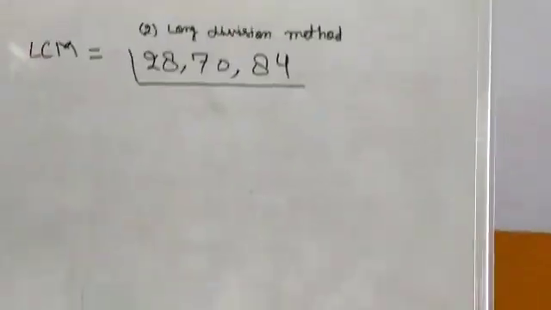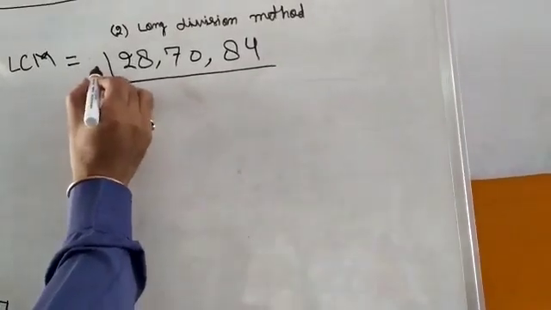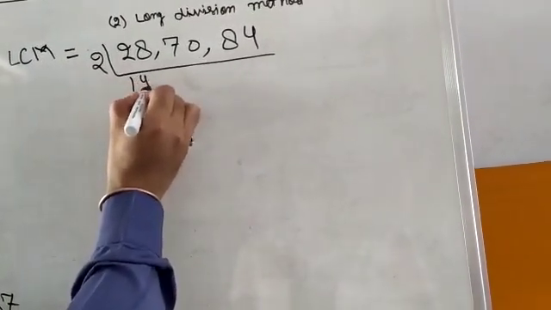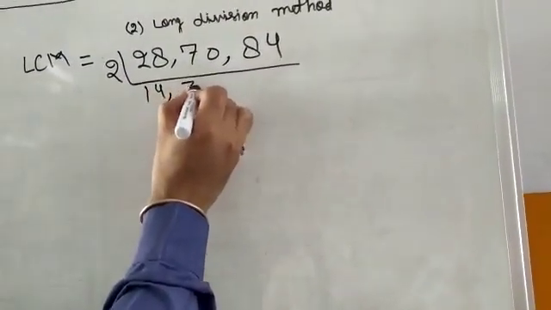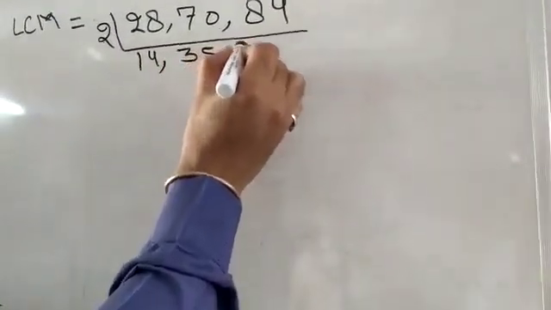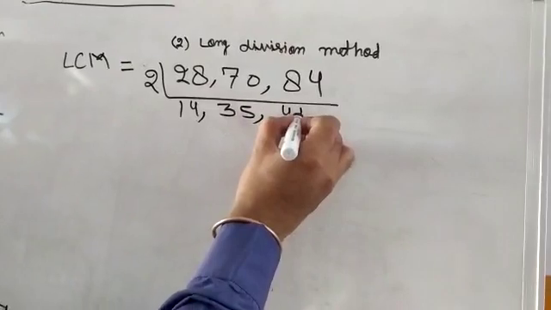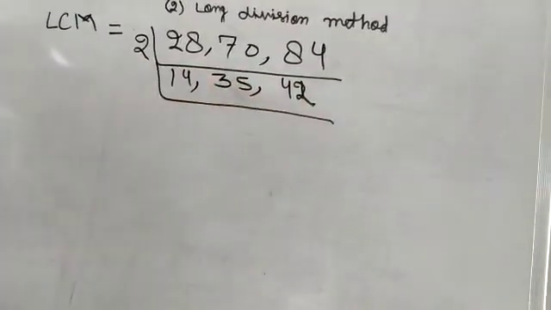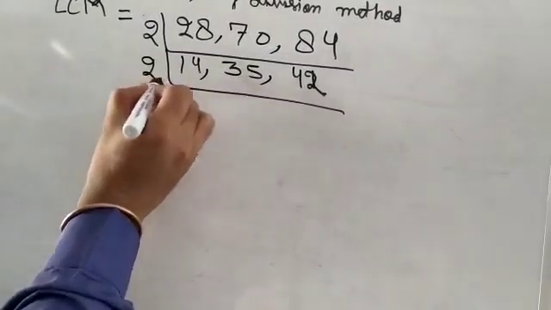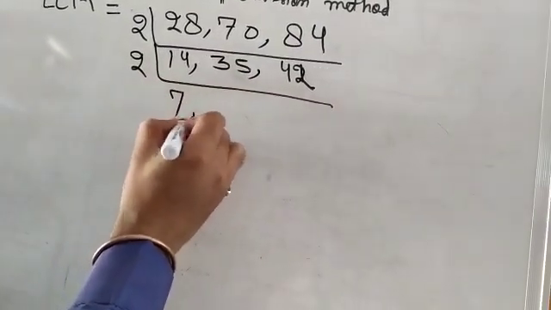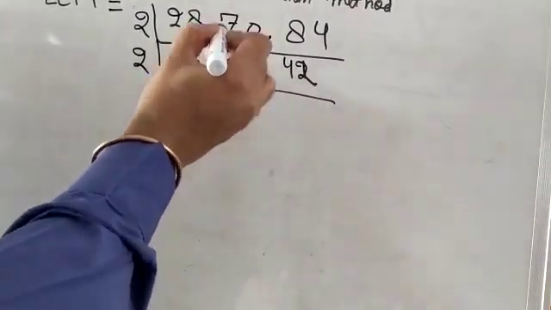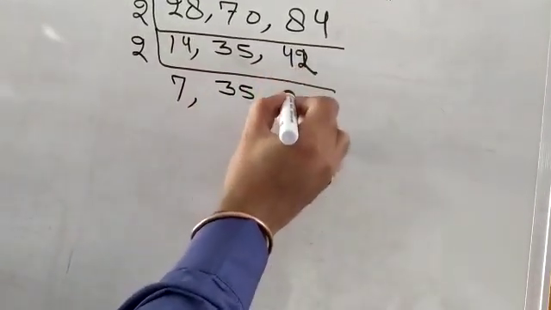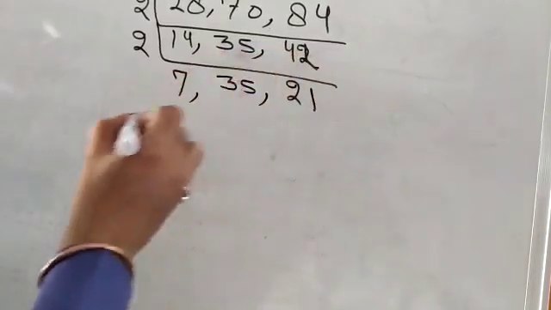If any number is divisible by 2, then we will divide it by 2. 2 1s are 2, 2 4s are 8, 35, 42. Now again this 14 is divisible by 2, so we will divide by 2. 2 7s are 14. 35 is not divisible, so we will write it as it is. And 2 2s are 4, 2 1s are 2.